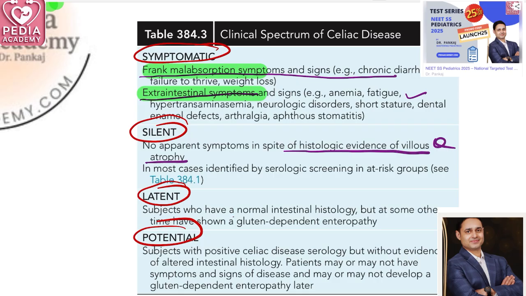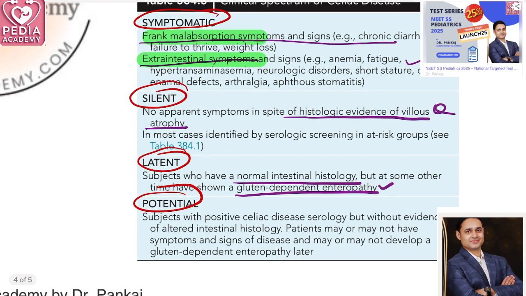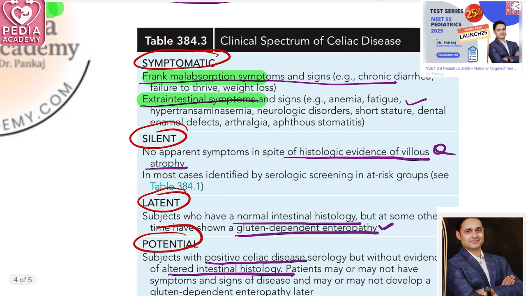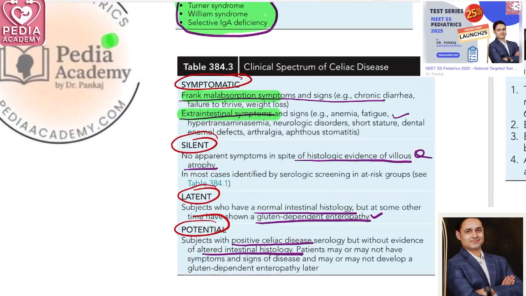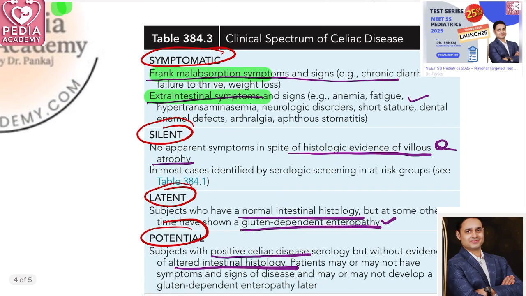It is normal intestinal histology at one time, but at another time it shows gluten-dependent enteropathy. This is latent. And potential is positive celiac disease serology, but without evidence of altered intestinal histology. These terminologies are very important. You have to remember all of these, because otherwise it is very difficult.